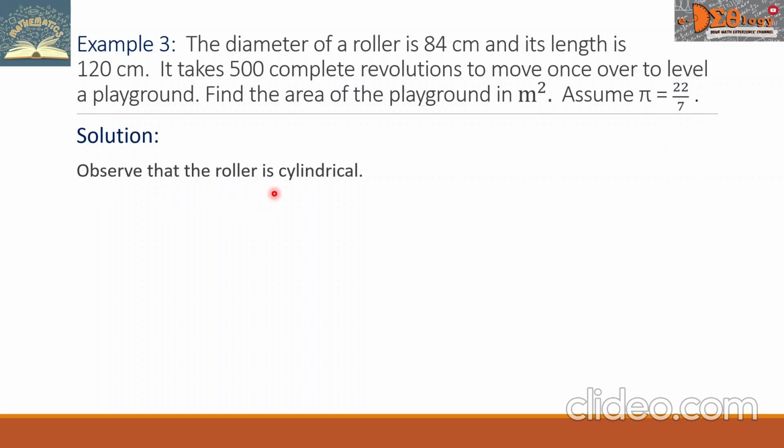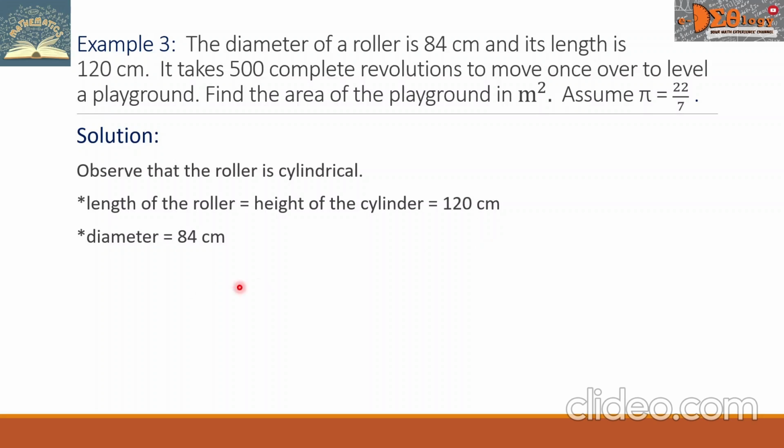Observe that the roller is cylindrical. Given in the problem is the length of the roller, which is equal to the height of the cylinder, and the value is 120 centimeters. Also, the diameter equals 84 centimeters.